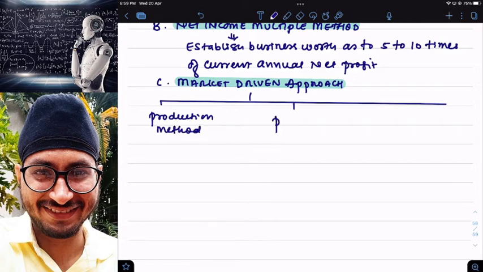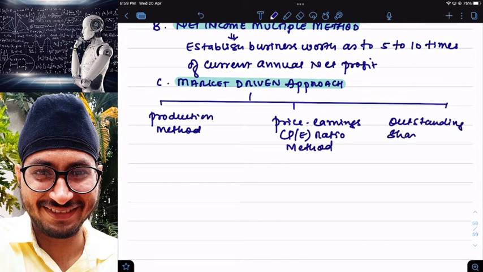Second is the price earnings ratio method, or in simple words, the PE ratio method. And then we have the outstanding shares method.